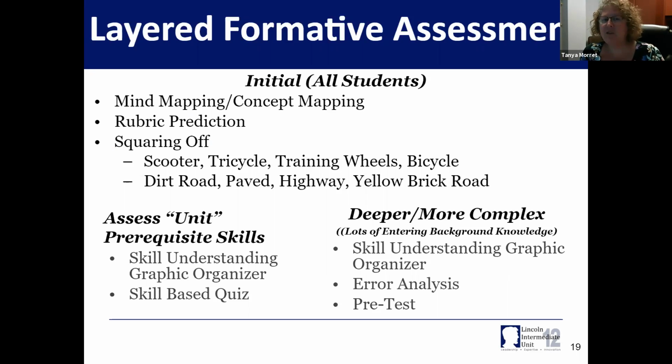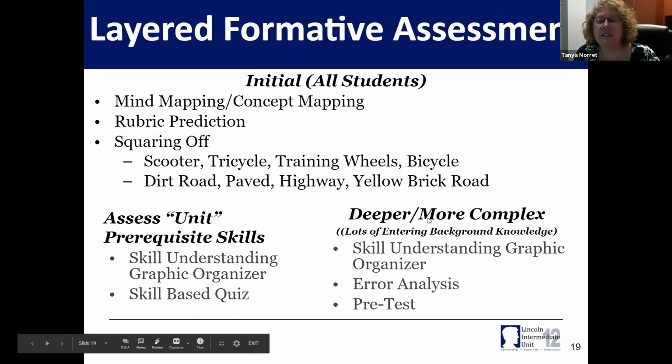Any student who's sitting there going, oh, I don't know if I can do this, that's telling me already they're in the just right group. They're ready for me as a teacher to teach. But then we might have some students who are saying, I think I can already do it. And for those students, we need to think about deeper, more complex instructional plans.